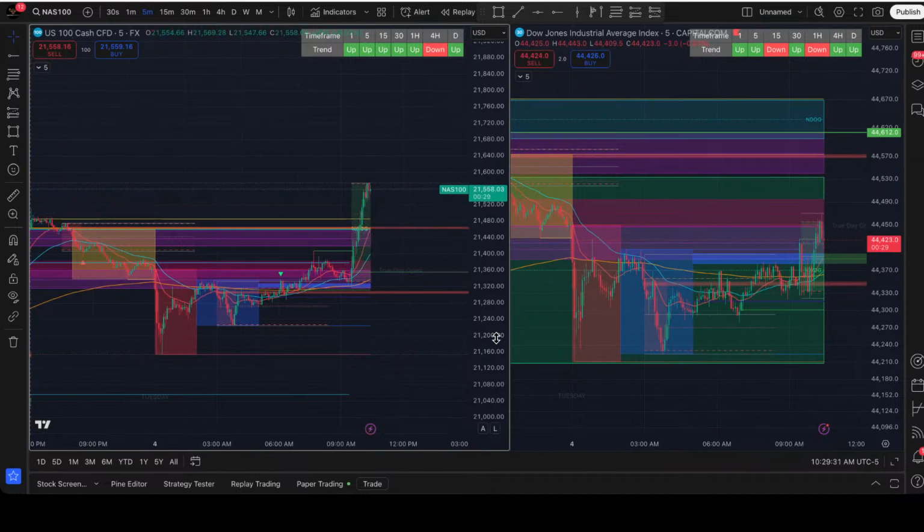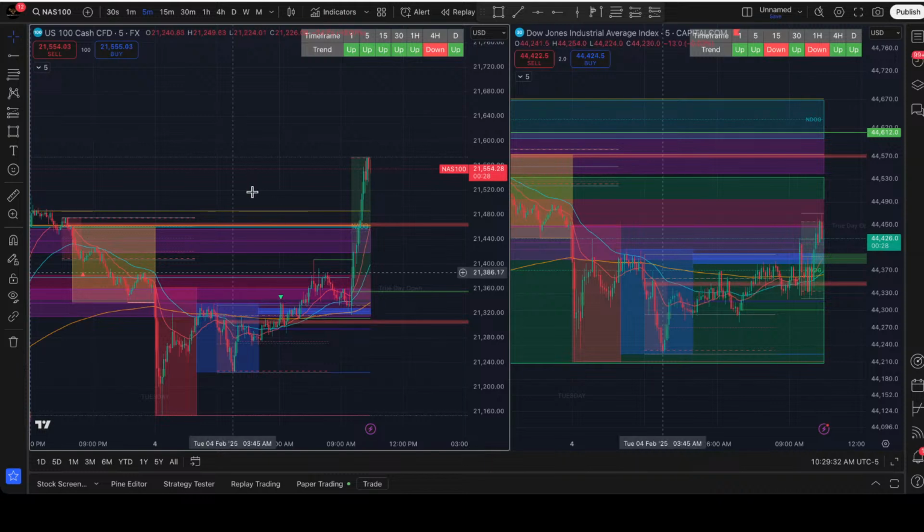We've added a few things to the indicator, and keep in mind you can turn all these off in case they get a little too much for you.